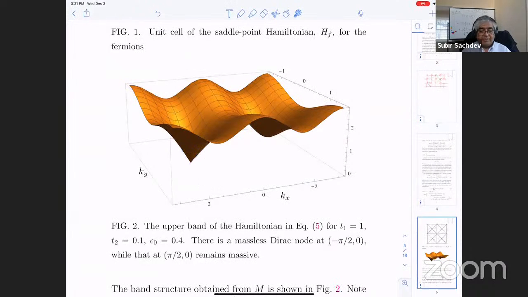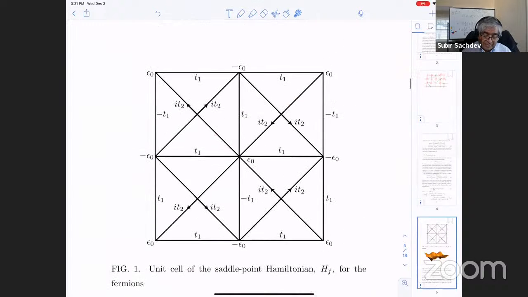You can do your computations and what you will find is that when epsilon naught is very large, I mean, you can kind of see when epsilon naught is infinity, then the bands are just totally localized. The particle is either sitting here or there. The valence band is here, the conduction band is there. That's got to be topologically trivial.